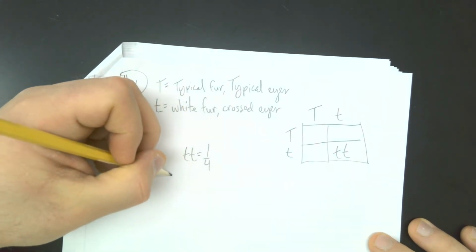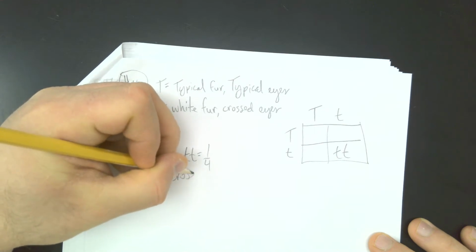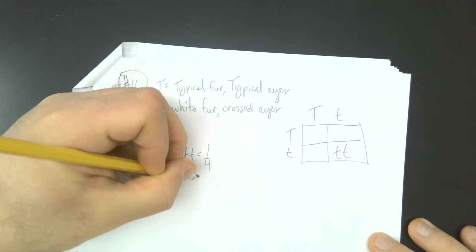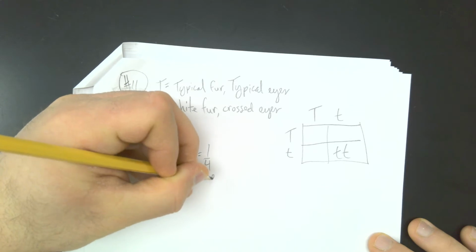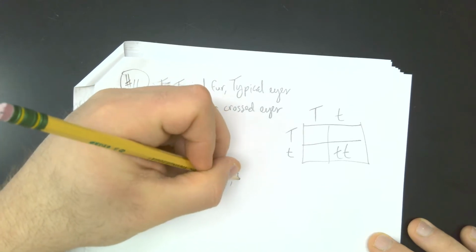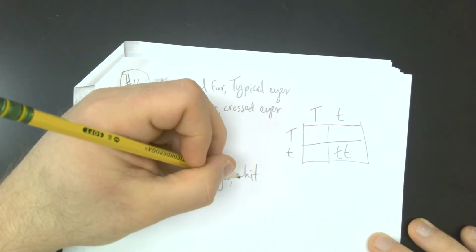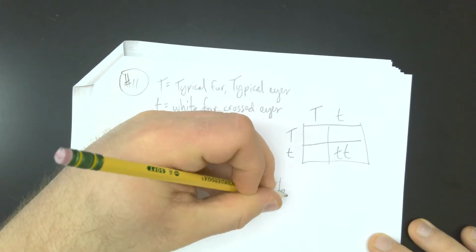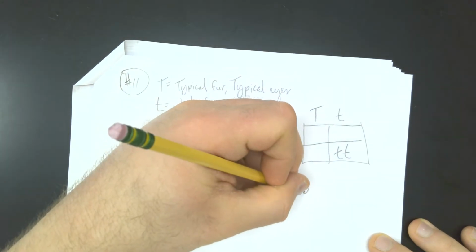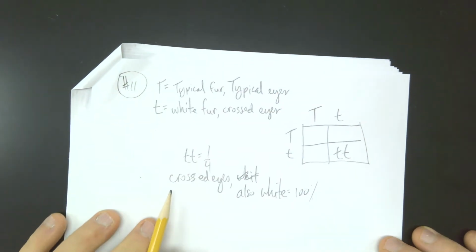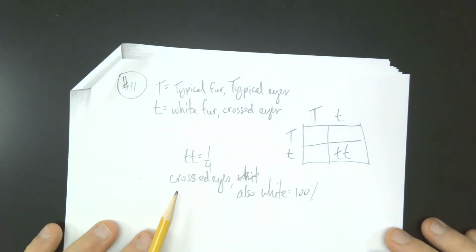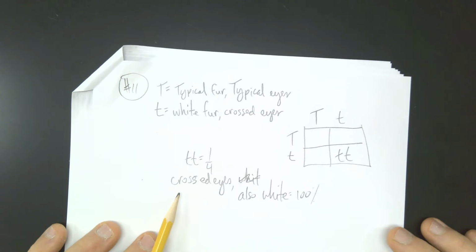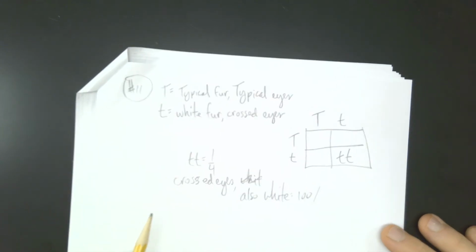And the odds that they possess crossed eyes and also be white, it's 100%, right? So overall, the odds that they'll have crossed eyes and white fur are 25%.